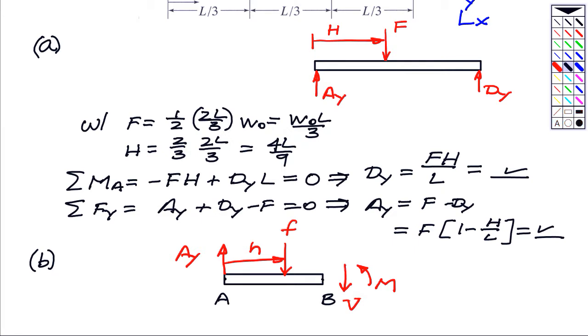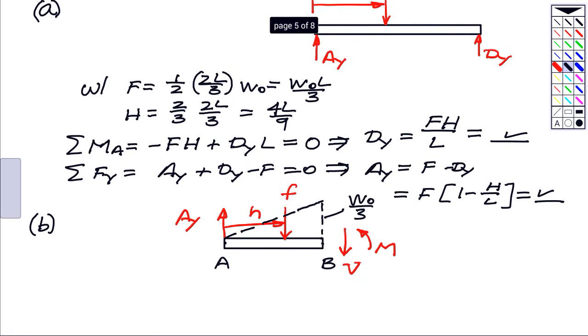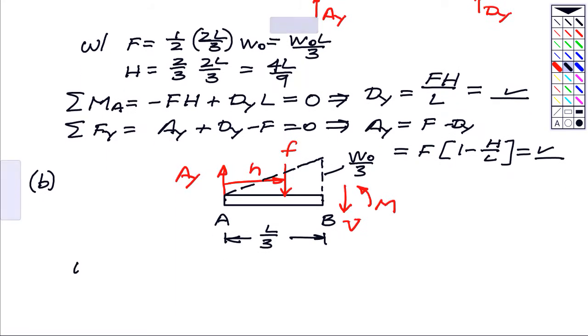Please keep in mind that f here is the resultant of the triangular load that's over just that section. And over here on the right-hand side, that's W naught divided by 3, the overall height of this section. Keep in mind it's just between A and B, so this is the distance of L divided by 3. So in this case, our resultant force f is going to be 1/2 the base, which is L over 3, times the height, which is W naught divided by 3.